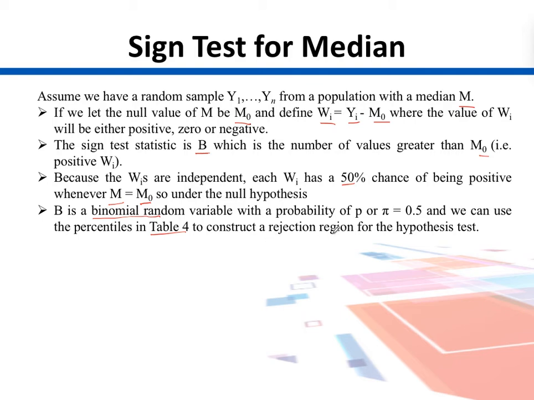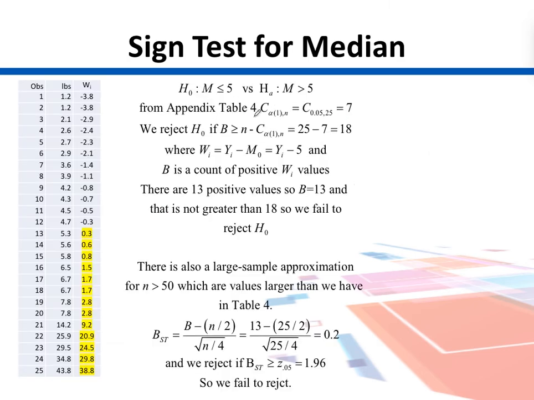And we can construct a rejection region to test our hypothesis. So here our null hypothesis is median less than or equal to 5 versus HA median is greater than 5, and we construct the table again and we find those numbers.